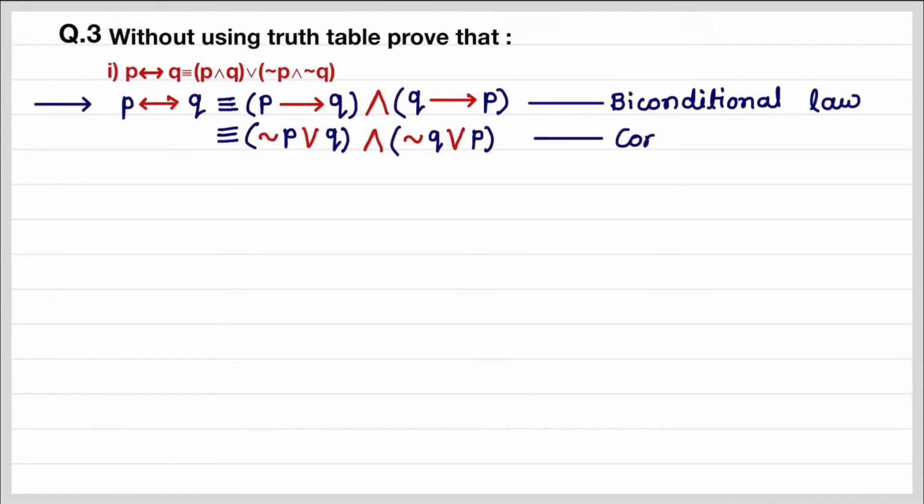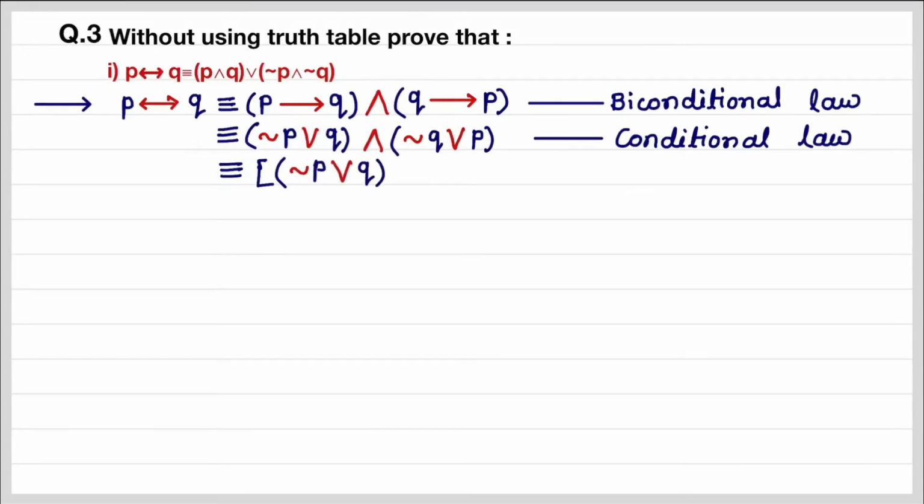We have to distribute the first bracket over the second bracket. We will consider the first bracket as one statement. Using distributive law, we will distribute this first bracket over the second bracket.